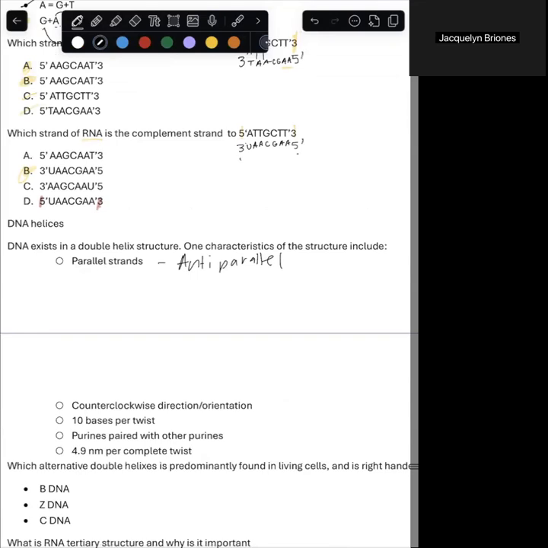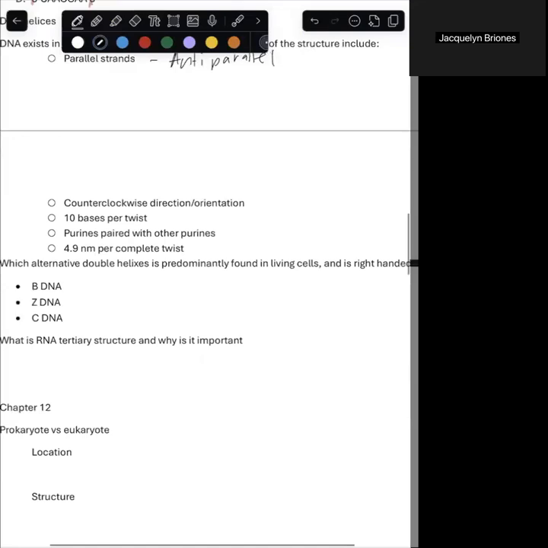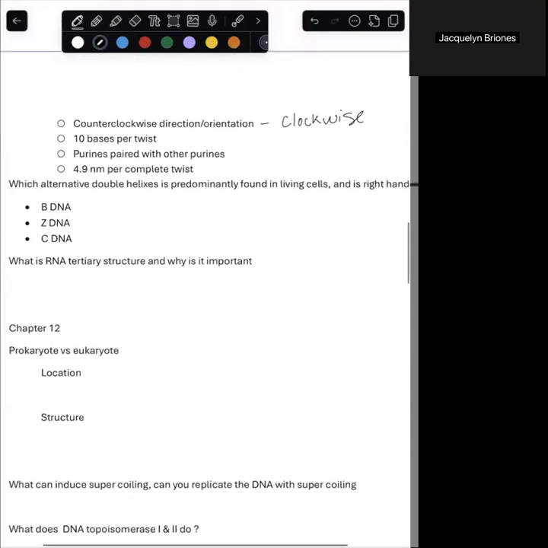So anti-parallel. Next, counterclockwise direction orientation. You know, this is false. Most DNA is clockwise. Okay, 10 bases per twist. We know that's right. Maybe let's go through all of our options.